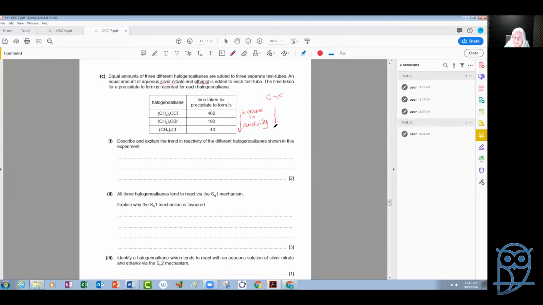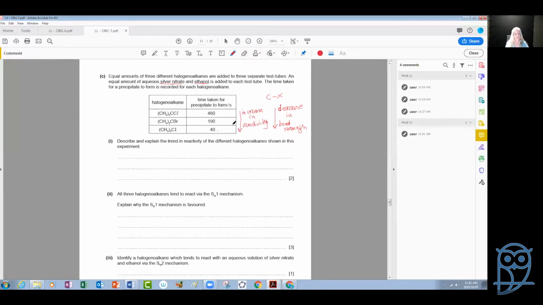There is a decrease in bond strength, which means it's easier to break the bond. That is why it's easier to react as we go down, that is why the reactivity increases as we go down the column.